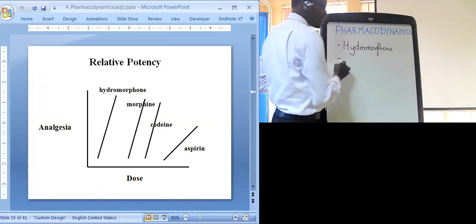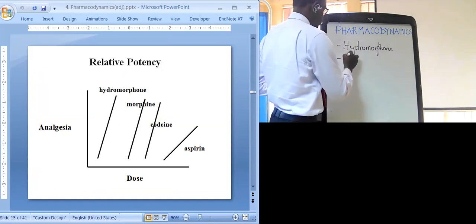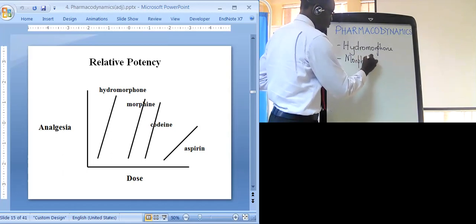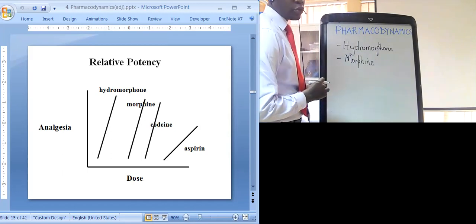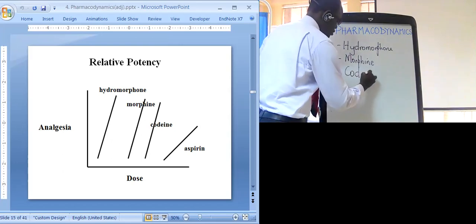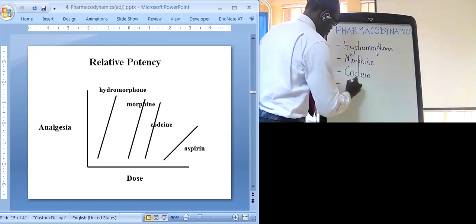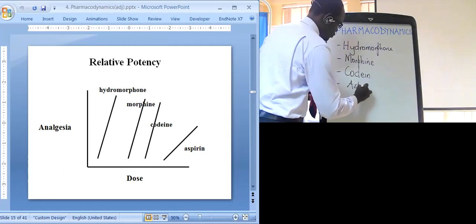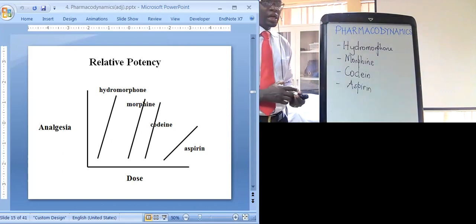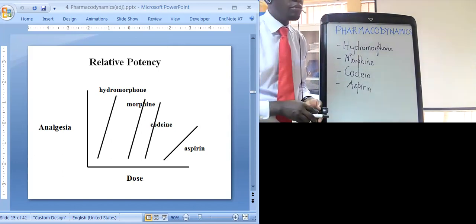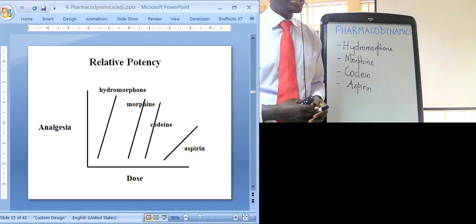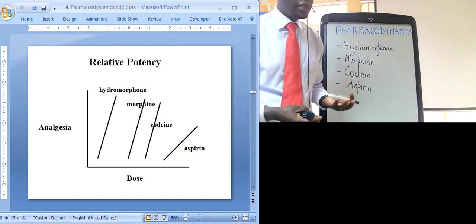If you look inquisitively at the diagram, it is basically telling us that hydromorphone is more potent compared to morphine.